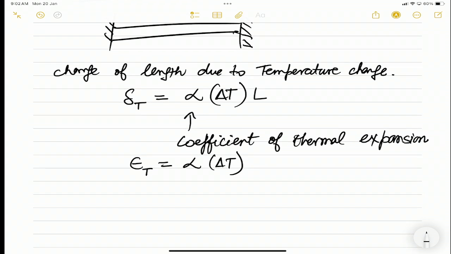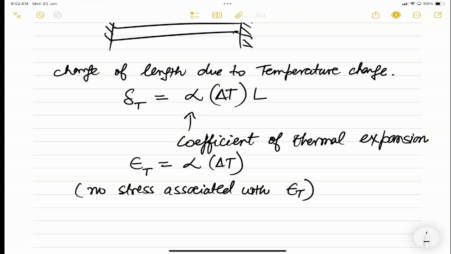Now as such, there is no stress associated with epsilon t.